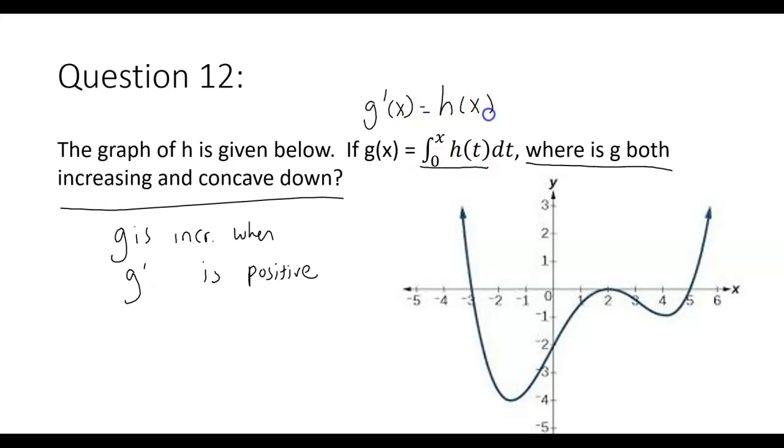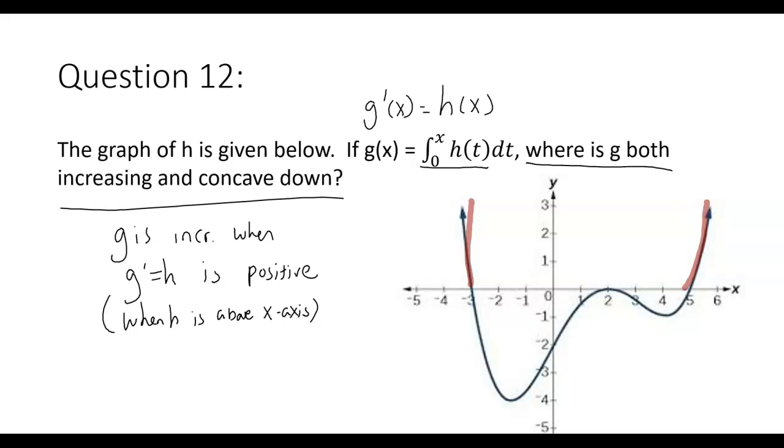The derivative cancels out the integral, and you're left with h. So g is increasing when g prime, which is the same thing as h, is positive. In other words, when h is above the x-axis. So g is increasing here and here. That's where g is increasing.